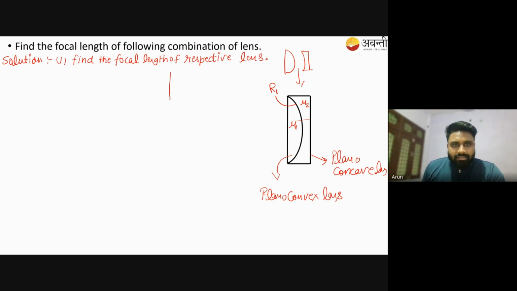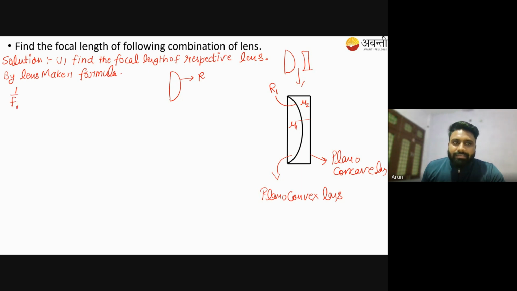For this lens, this is the plano-convex lens, and this surface has a radius of curvature r. So by the lens maker formula, let me write it here so that you remember. We are going to apply the lens maker formula to find the focal length of the plano-concave lens and the plano-convex lens.